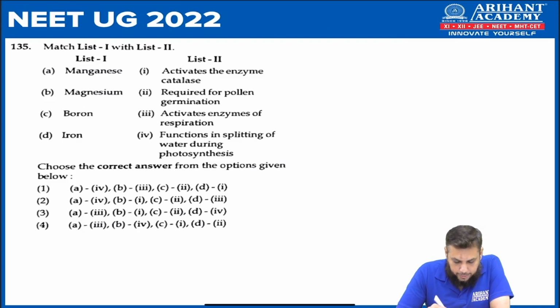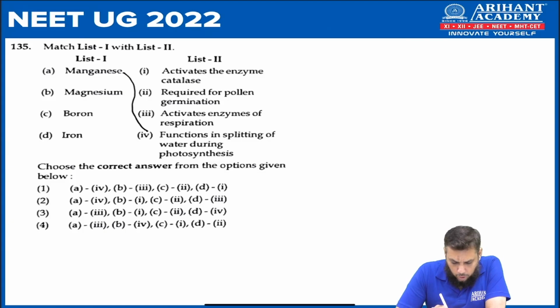135. It's matching list 1 and 2 from mineral nutrition. Manganese, yes, it helps in splitting of water during photosynthesis. The hypothetical protein, manganoprotein there, it helps in splitting of water during photolysis of water, non-cyclic photophosphorylation.